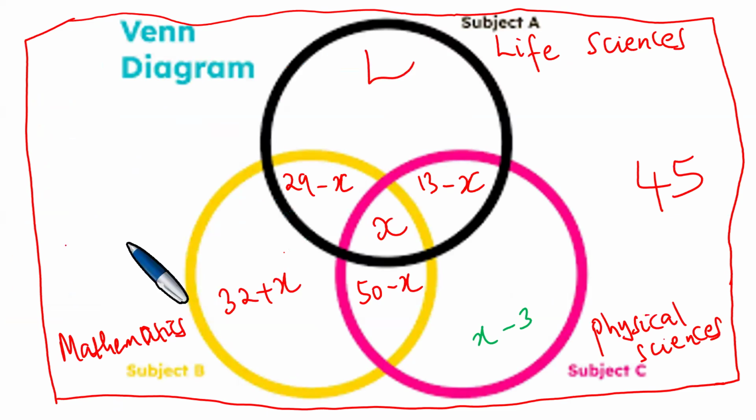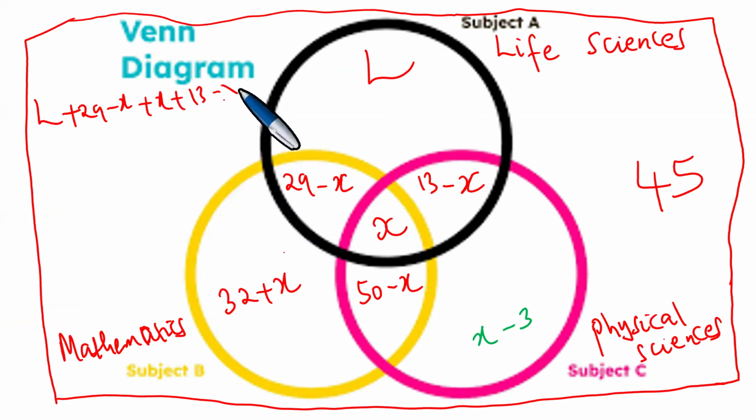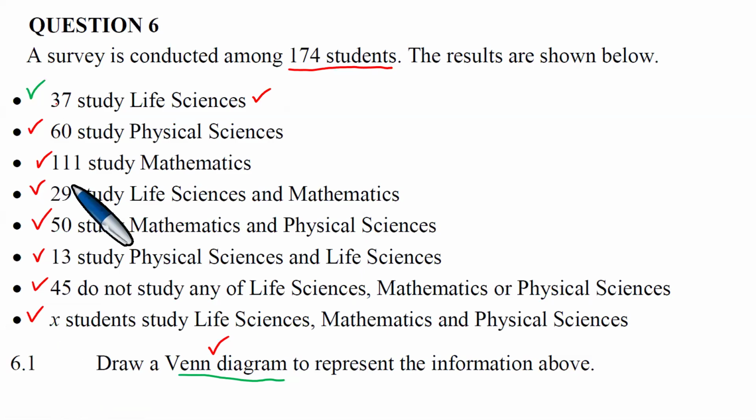Let's call them L, for life sciences: 29 minus x plus x, so we add everything here, plus 13 minus x. The result is 37, right, because we know 37 study life sciences.